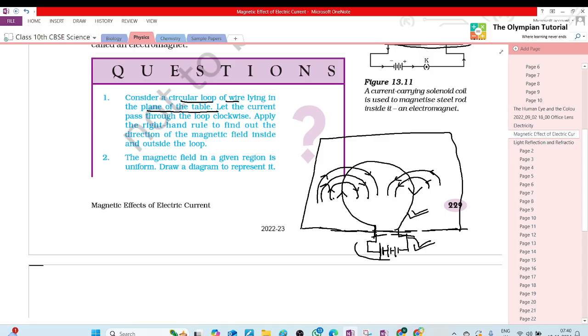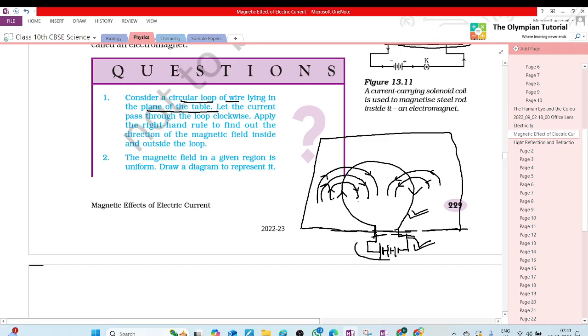So they are asking, consider a circular loop of wire lying in the plane of the table. Let the current pass through the loop clockwise. Apply the right hand thumb rule to find the direction of the magnetic field inside and outside the loop. Inside and outside the loop, you have to tell the magnetic field.